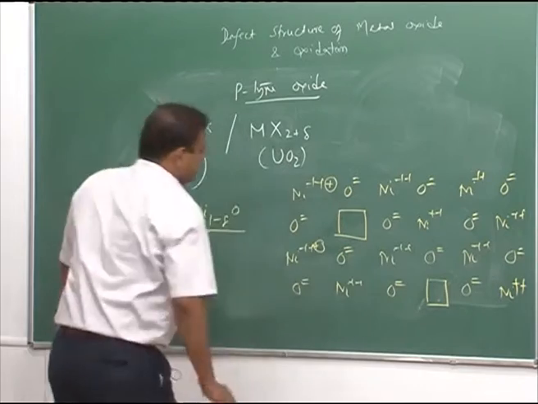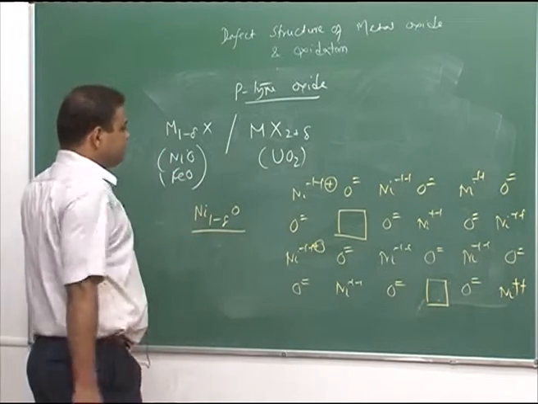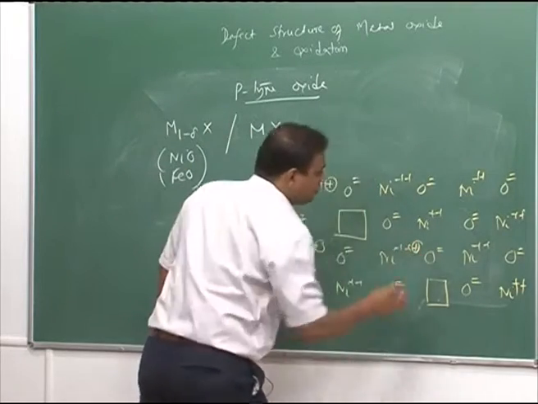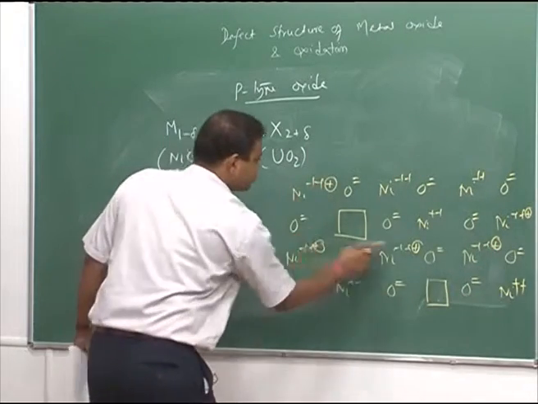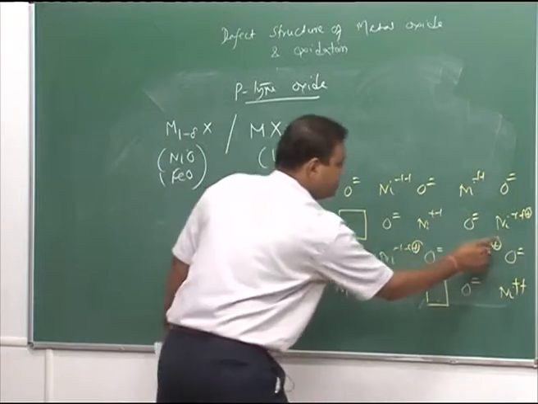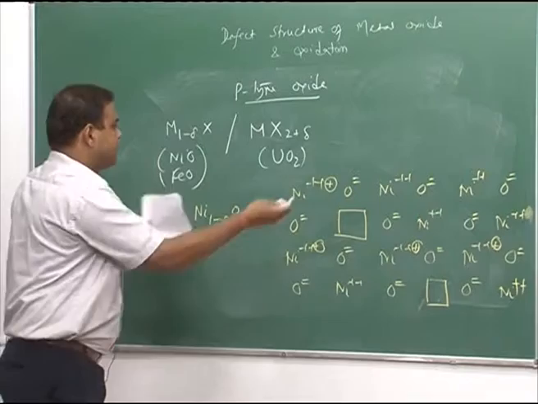So, that means nickel in the normal site would ionize and form the hole. So, there will be 4 holes, 1, 2, 3, 4. So, the 4 holes are created. So, it is balanced.